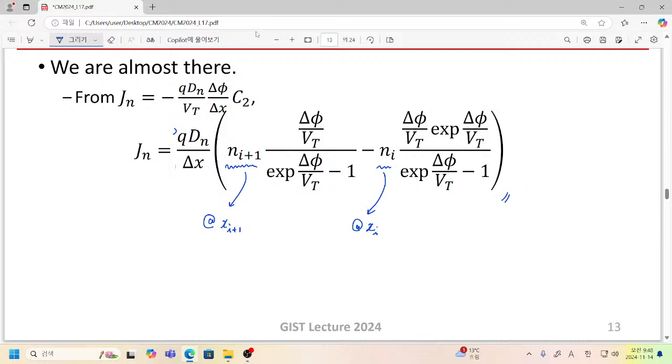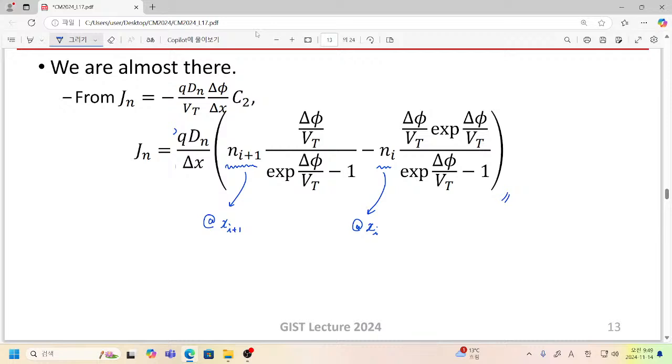It is true that our current density should be given as the difference between these two electron densities, because even when we consider, for example, the diffusion term, how does it look? The diffusion term is just given as the difference between n sub i plus 1 and n sub i. So it is easy to understand.